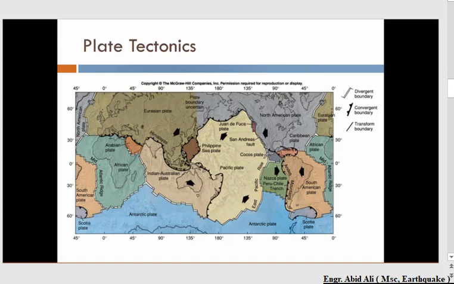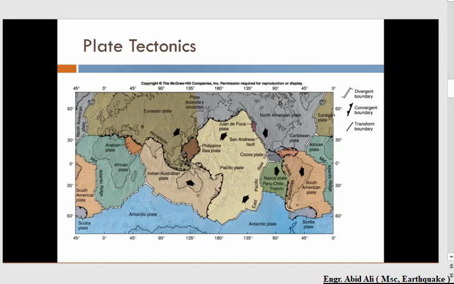The idea of plate tectonics is that the lithosphere, or the crust of the earth, is divided into different portions that we call plates. And the plates are constantly interacting, bumping and grinding against one another because of the movements and the convection happening beneath the lithosphere, down in the mantle.